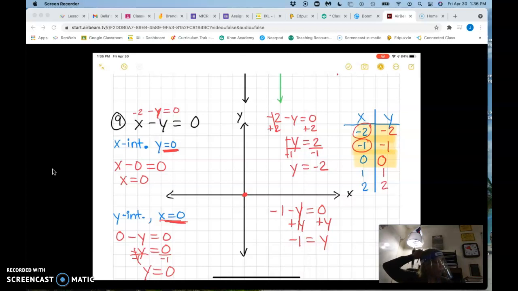So now I'm going to plot those points on my graph, and that's going to help me make my line. So -2, -2, -1, -1, 1, 1, and 2, 2.